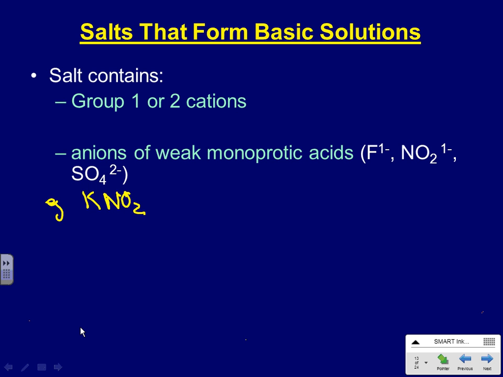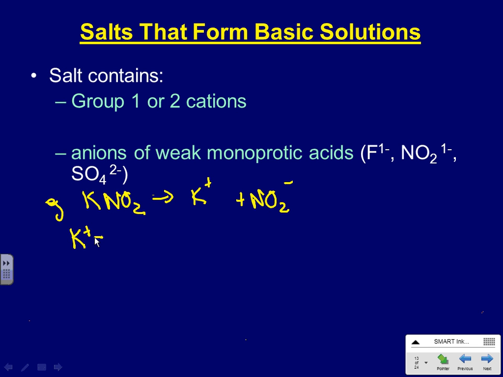So, if you're given a salt, dissociate it. If I'm asking, is it going to produce an acid or a base or be neutral? Dissociate it. So that's aqueous. That's going to produce a K plus and an NO2 minus. It doesn't matter the order, but I'm drawn to the K plus because where did the K come from if it was an acid or a base?